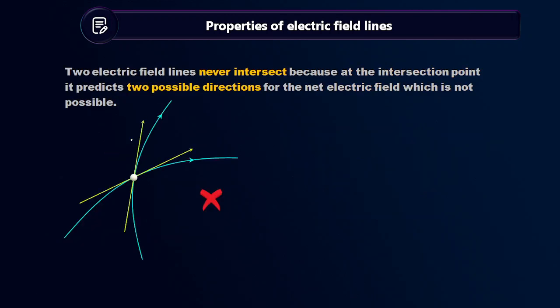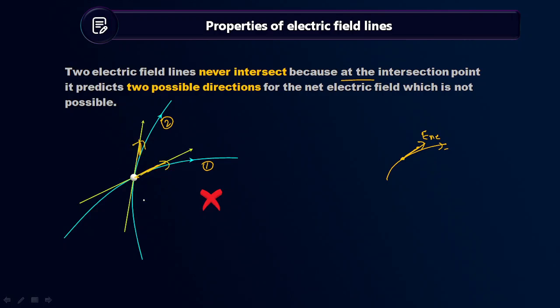Next, two electric field lines never intersect. Just now we said that the tangent at any point on an electric field line gives the direction of net electric field. So if two lines intersect each other, like here, let us say this was line 1 and this is line 2, then here if we draw tangents, we will have two tangents, right?